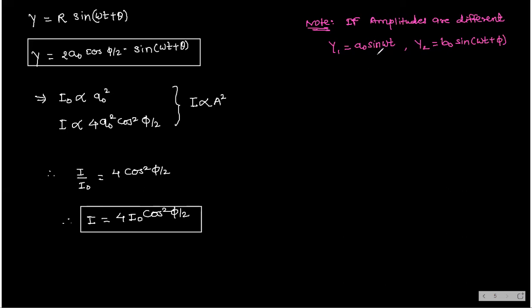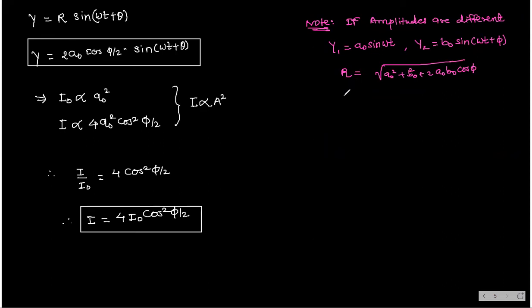Then R is equal to under root of A naught square plus B naught square plus 2 A naught B naught cos of phi. This is the resultant amplitude we can say.